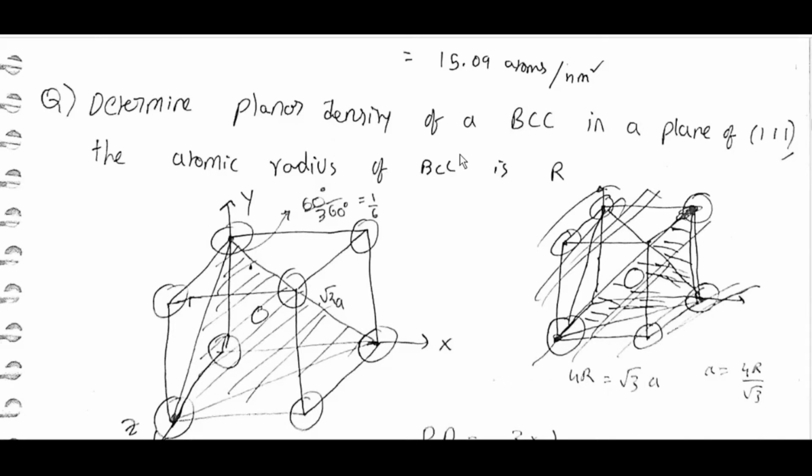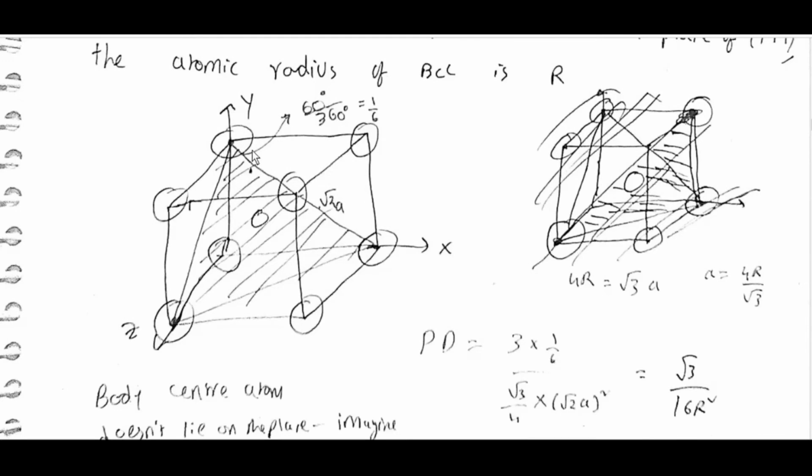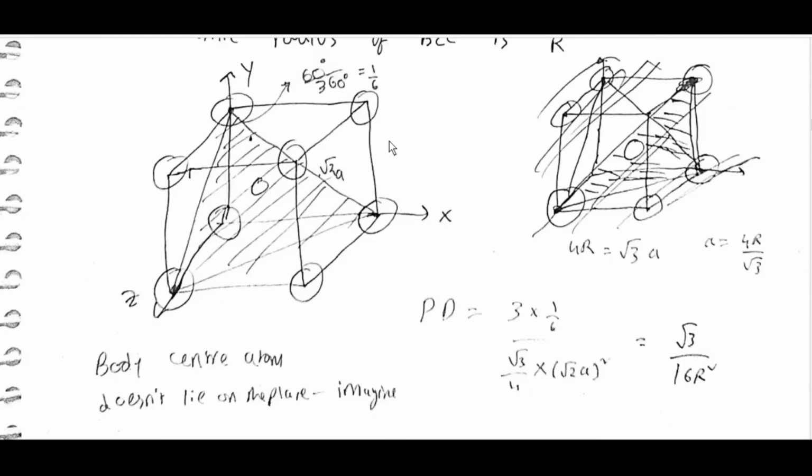Determine the planar density in BCC for the plane (1 1 1). The atomic radius of BCC is r. Here only 60 degrees we have to assume, in 3D, only then will we get a clear picture. Only 60 degrees will be covering this plane, so 60 by 360 is equal to 1 by 6.